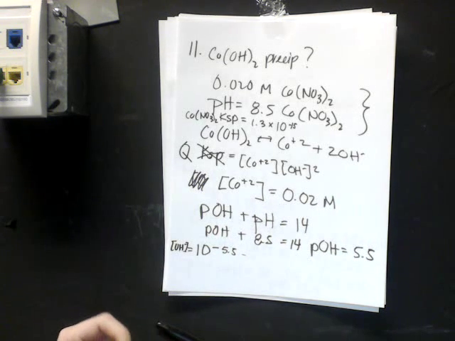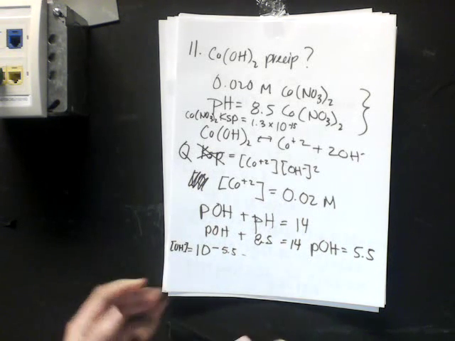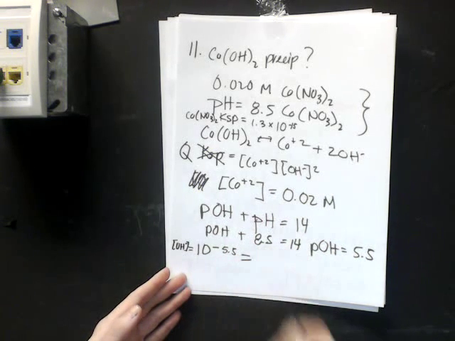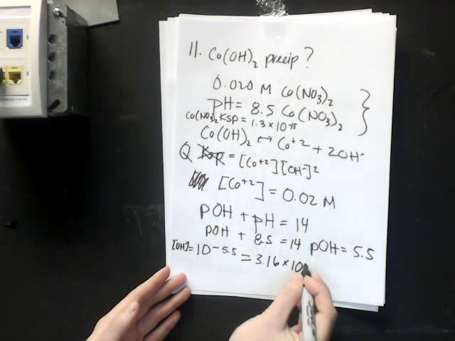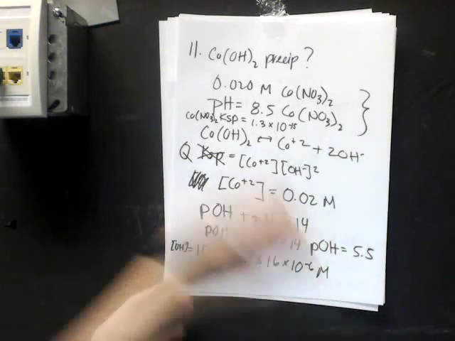So that's the reverse of negative log. And that ends up being 3.16 times 10 to the negative 6 molar.